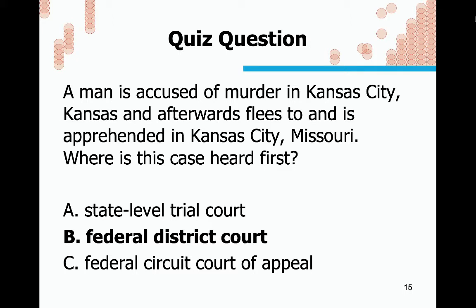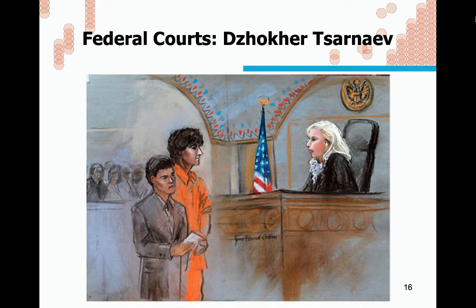This happens every year in Kansas City, which is organically one big city, one metro area, but it's divided by a river. Half of it's in Kansas, half of it's in Missouri. And the biggest idiots, the biggest criminal minds in the area commit a crime in one state and then go to another. And then lo and behold, they're facing federal court.